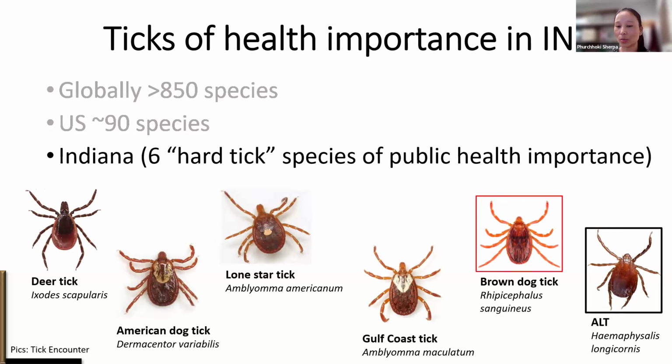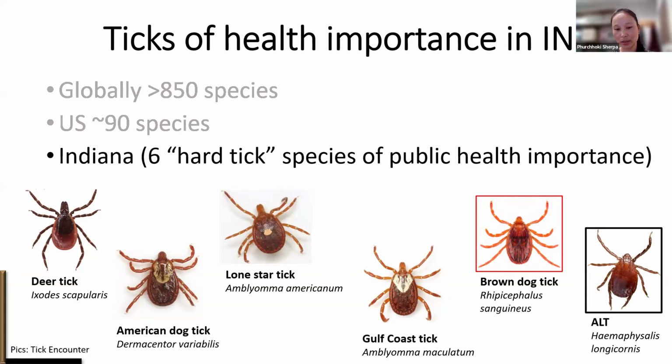I say hard ticks because there are soft ticks as well, which I'm not covering today, but if we have time, I can talk a little bit about them later. Of the six hard ticks, going from left to right, deer tick, American dog tick, and Lone Star ticks are established and known vectors of human diseases. That means they can transmit human diseases.